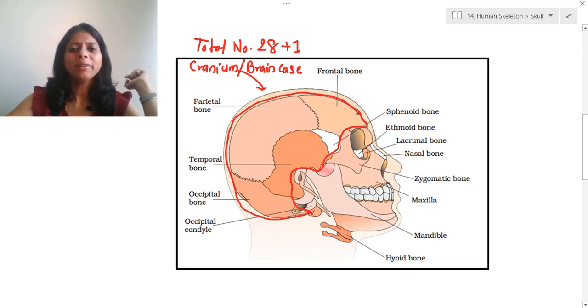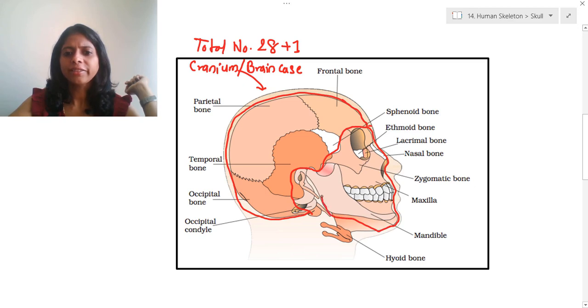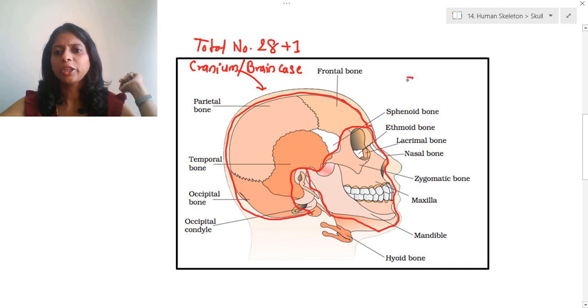Now another region of our skull is the facial region. It is this region which I am outlining right now. This region is the facial region, also called the facial bones.